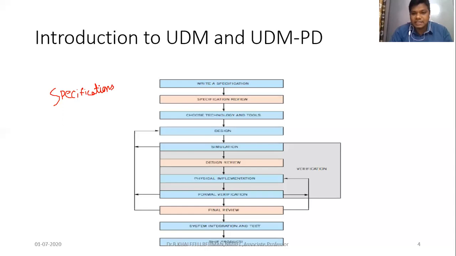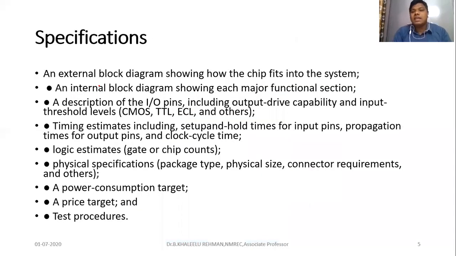Let us see. In the specification, there is the external block diagram. The client requires an ALU. In the ALU, there are two inputs, A and B, and there are many more outputs.